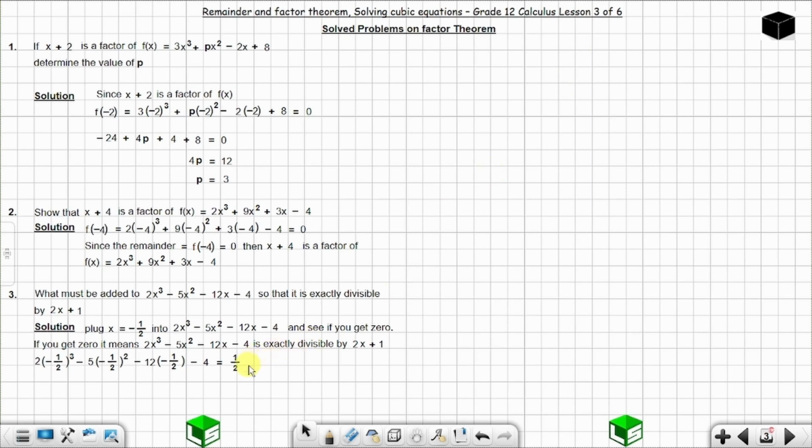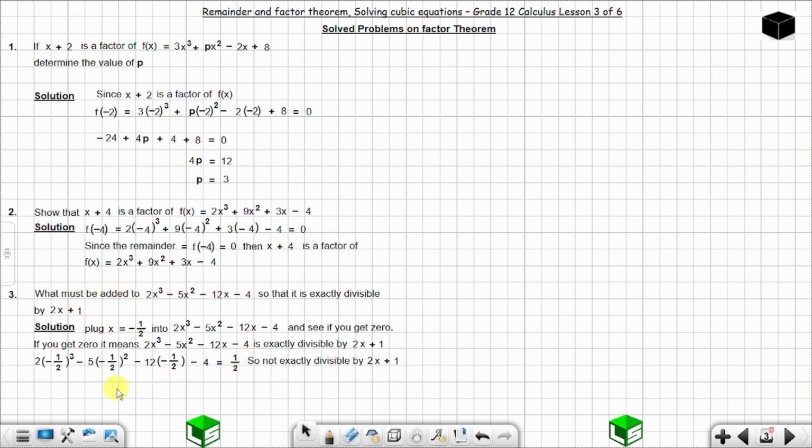Now, from this, what do you have to add so that you get 0? So you have 1 over 2. So it is not exactly divisible by 2x plus 1 because this is not 0. It is going to be exactly divisible only when you have 0. So what must be added to this?